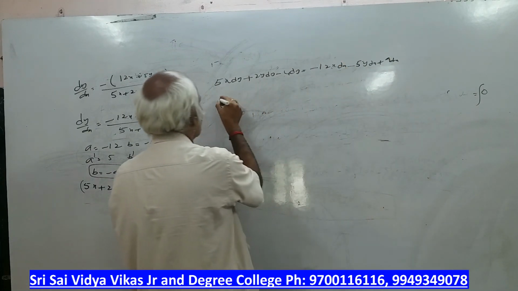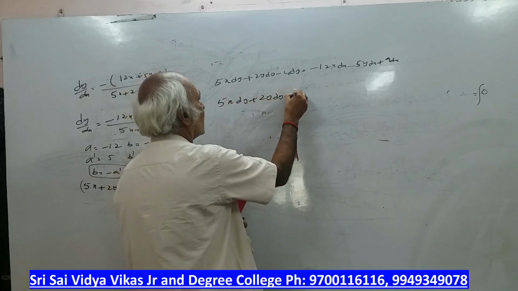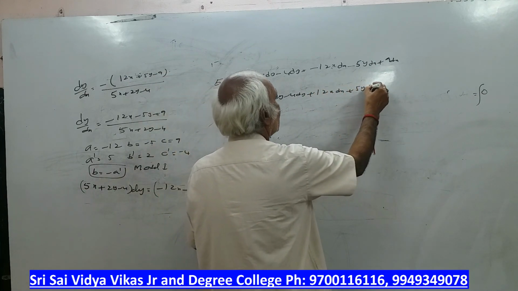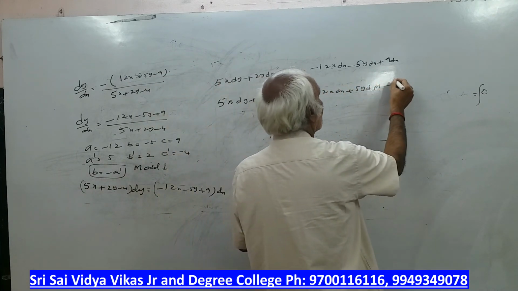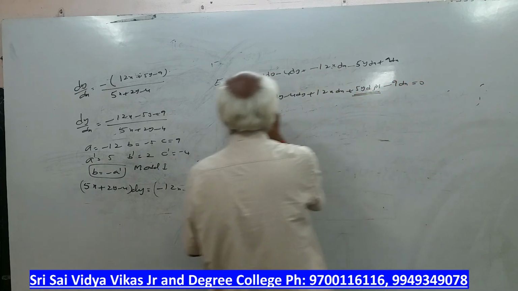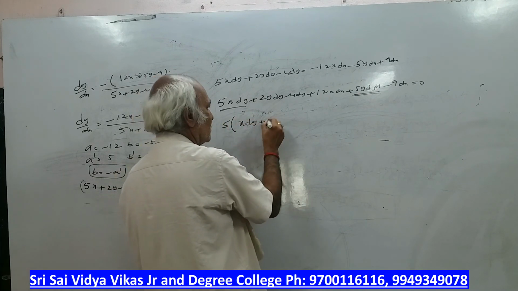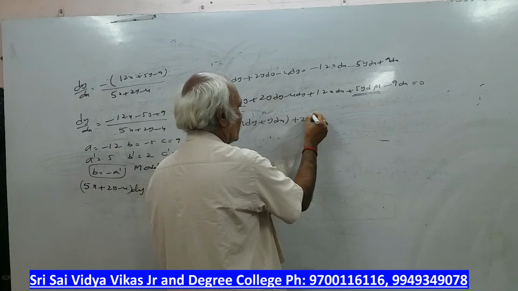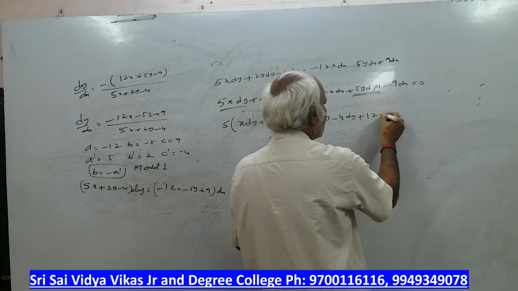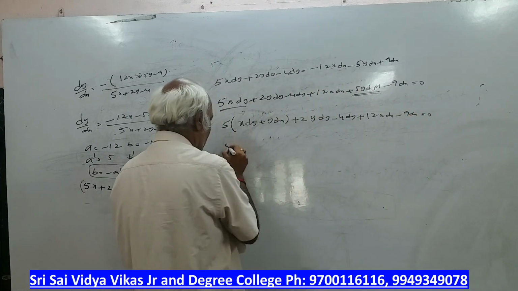Bring the terms to this side. Plus 12x dx minus 9 dx is equal to 0. Again, I am underlining this. So 5 common, x dy plus y dx plus 2 into y dy minus 4 dy plus 12x dx minus 9 dx is equal to 0. Now put an integration symbol.